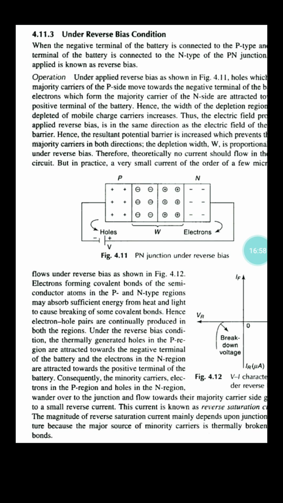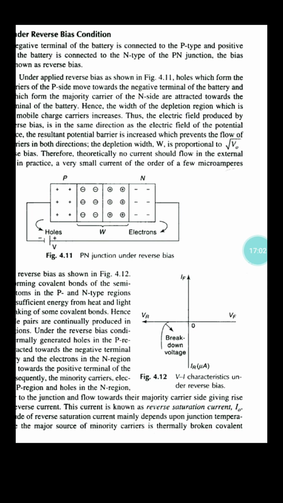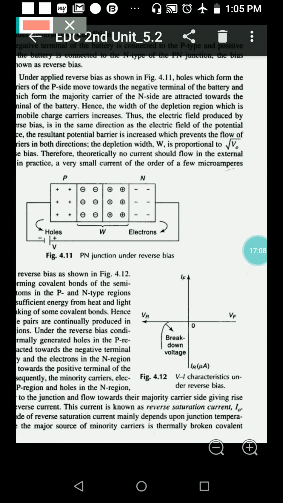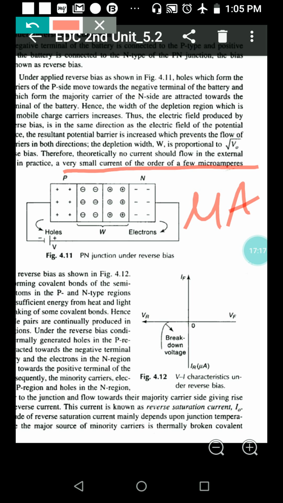This is a very important concept of volt-ampere characteristics in a general PN junction diode. Very important: a very small current, of the order of a few microamperes, for reverse bias.